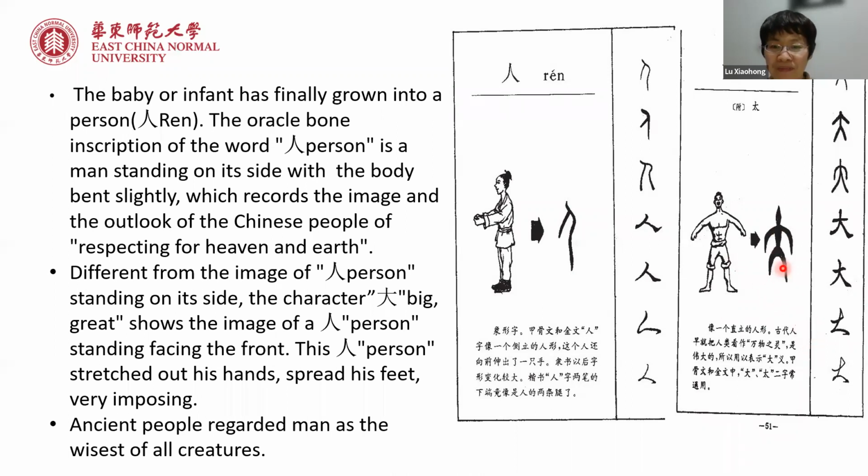So big person, that's great. So here is the character 人 means person, and here is the character 大 means big, great, from the original one to today's writing here. So you can see the change is not so much.